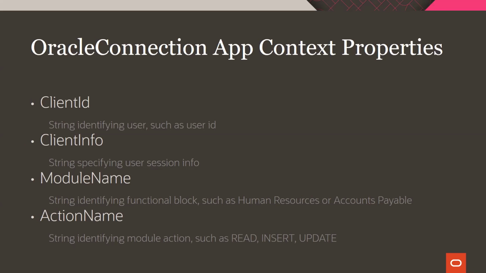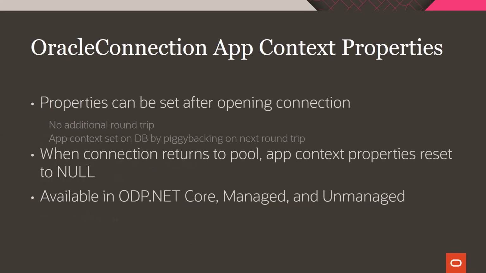Module name might identify what functional block they're allowed to access, like this guy's from HR or from accounts payable, and they should be able to access the HR schema or the accounts payable schema. And action name is things like what privileges this user has: read, insert, update are common ones that are allowed.